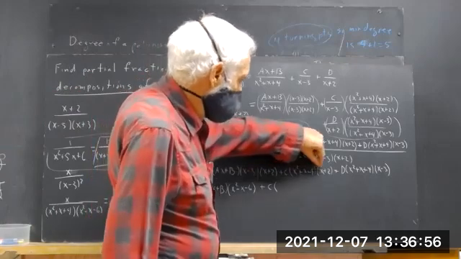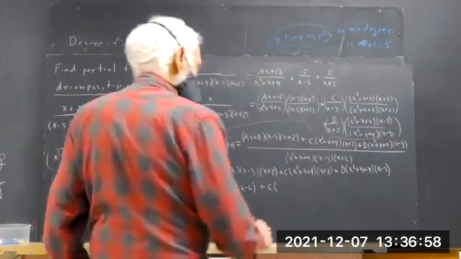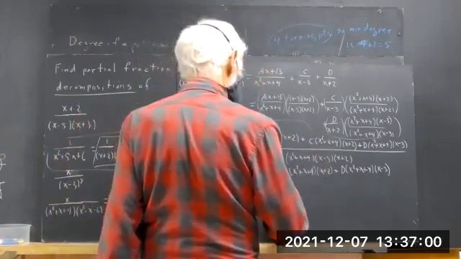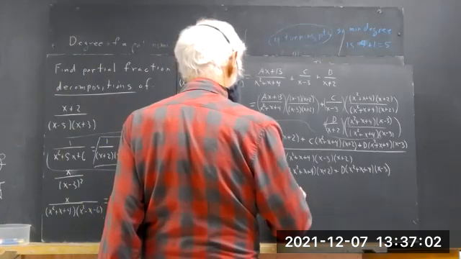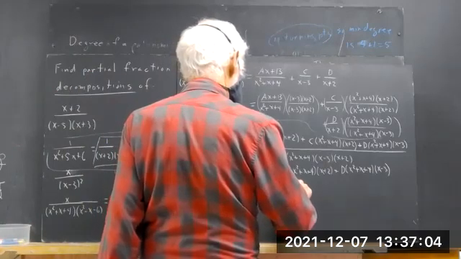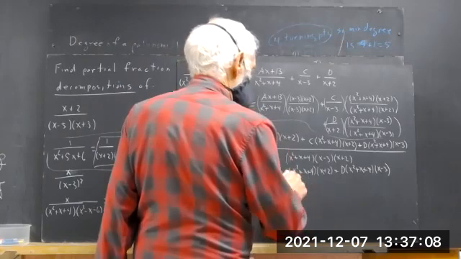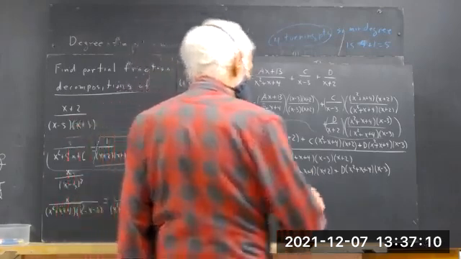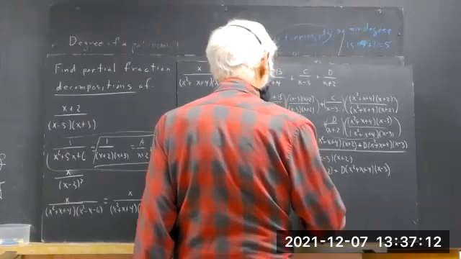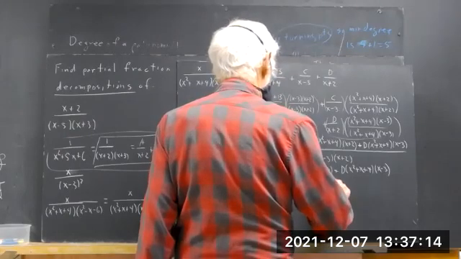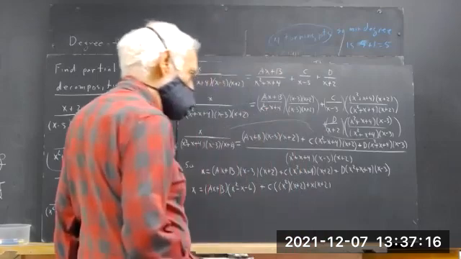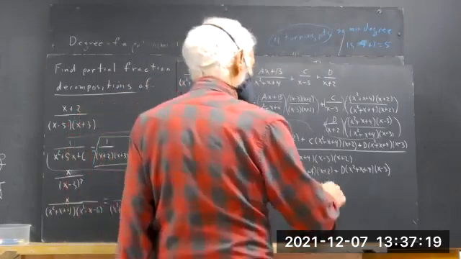The x squared multiplies the x plus 2. So I've got x squared times x plus 2, plus x times x plus 2, and then plus the 4.